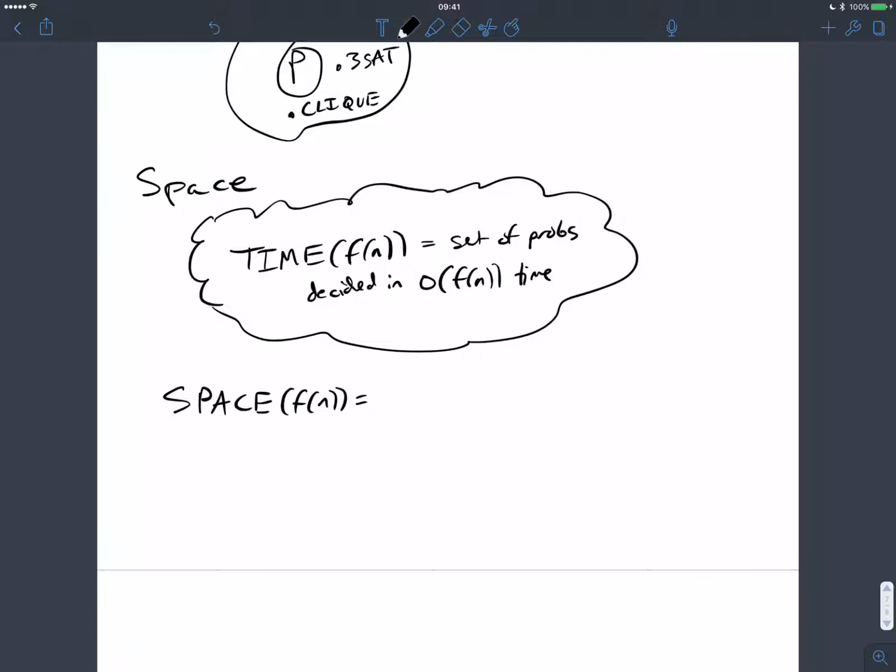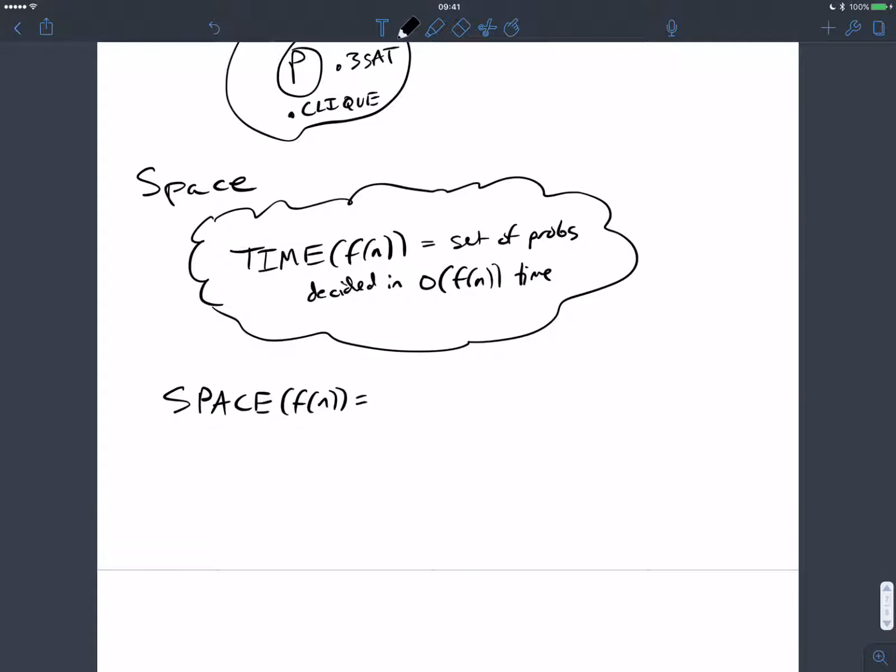Maybe we can think of space as how much you actually use of the tape, such that everything to the right of you is all blanks. So you haven't really used that stuff yet. So we'll define it as how much space is actually used on the tape, at the greatest point in time. Yes, at the greatest point.